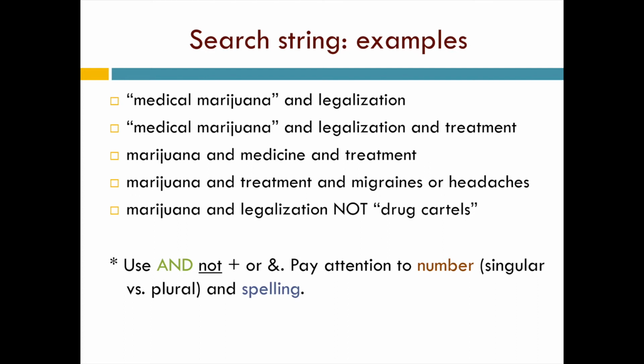If I were to use not, what's happening there is the library database is going to search for articles that have the words marijuana and legalization, but it will eliminate any of those that have the words drug cartels. Make sure that you use the actual word and when you're researching in the databases and not the plus sign or the ampersand. Also pay attention to whether the words are singular or plural and be careful of spelling.